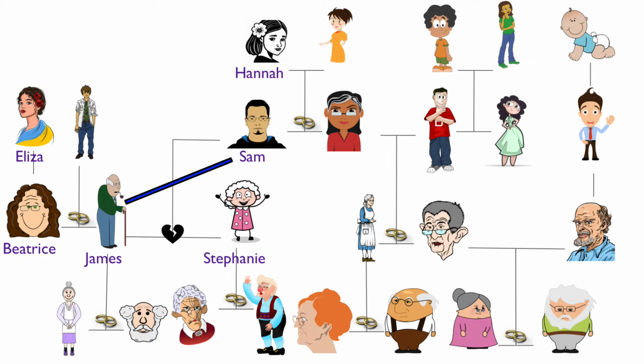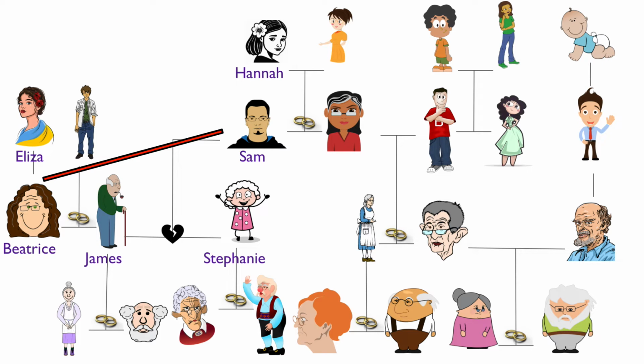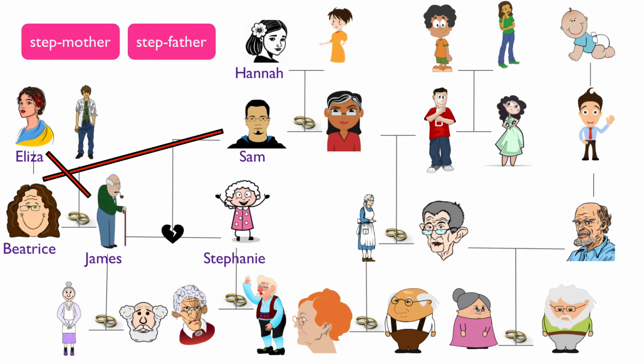Sam's parents are James and Stephanie, and Eliza's parents are Beatrice and somebody else. When they have no parents in common, they would be step-brother and step-sister. Beatrice is not the blood mother of Sam, making her the step-mother. And James is not the blood father of Eliza, making him a stepfather.